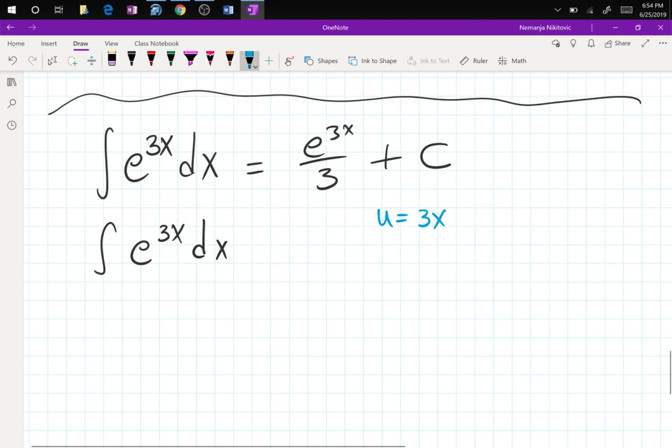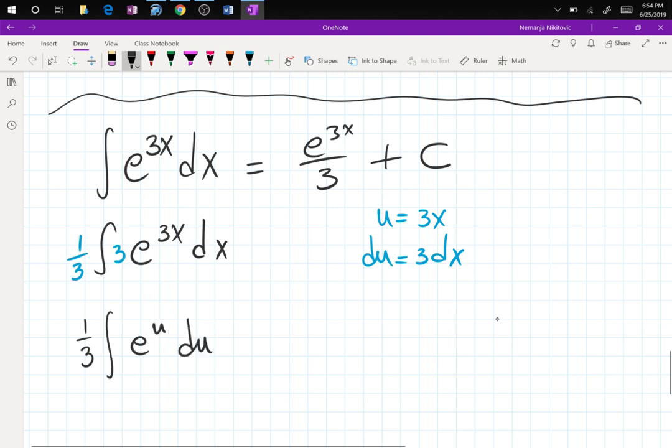So e to the 3x becomes now e to the u. Well, I'm not done because du is 3 dx. Now, do I have 3? I don't. So we have to put 3 in and 1/3 in front. So the problem now becomes 1/3 integral e to the u du.